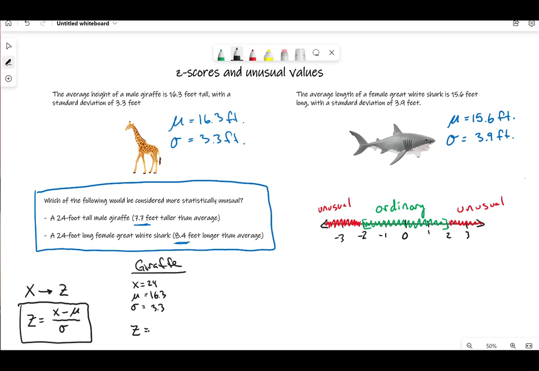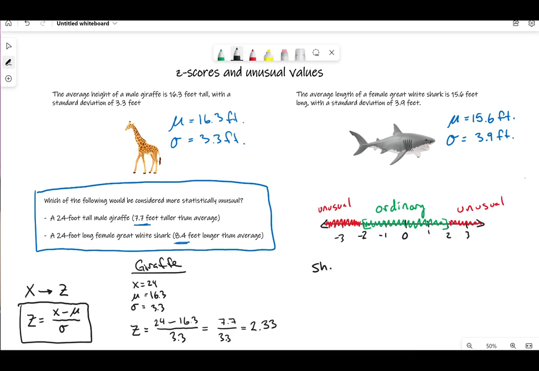So converting 24 feet tall into a z-score would be x, which is 24, minus the mean, which is 16.3, divided by the standard deviation. That will give us 7.7 on top, 3.3 on the bottom, and if you pop that into a calculator, you will get approximately 2.33, 2.3 repeating. Generally, we round z-scores to 2 decimal places.